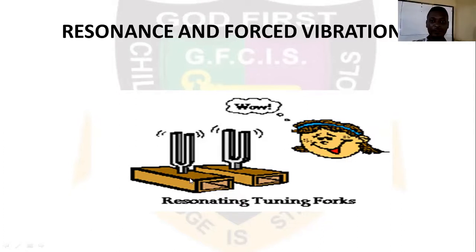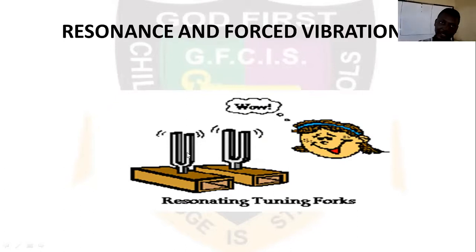That is called forced vibration. Now if you bring another wooden box close to the first vibrating box and the tuning fork, this box will transfer its vibration to this other one, and when it transfers this vibration to this tuning fork, the box also causes a forced vibration to the tuning fork that was not vibrating.